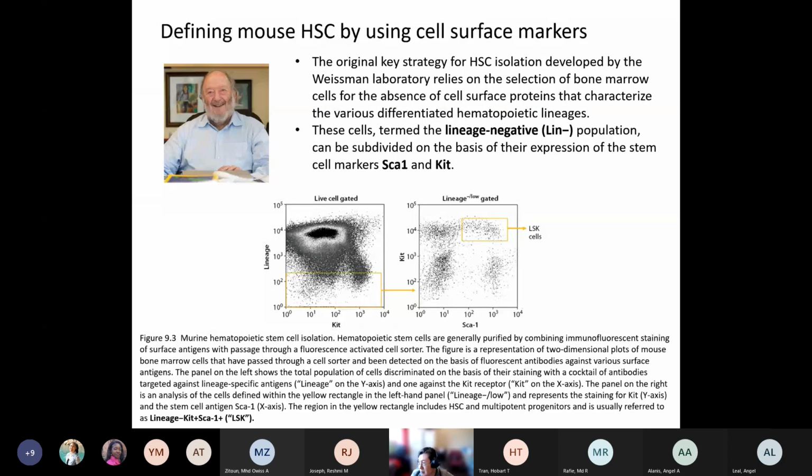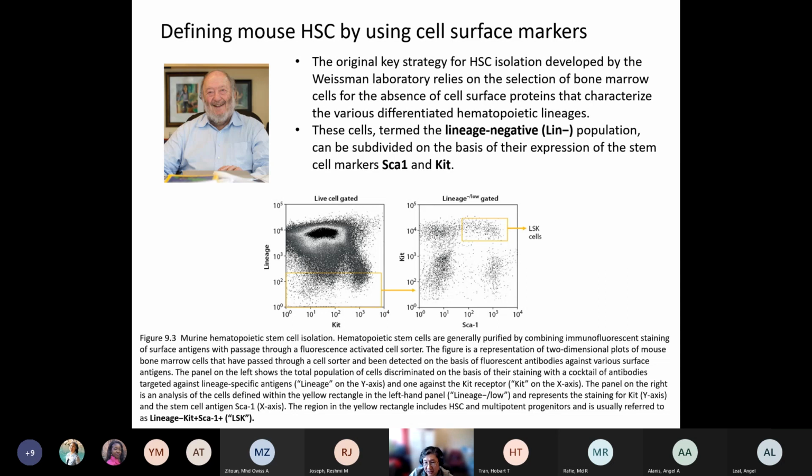You use a similar principle to find the stem cell. So what they did is, here is a cell suspension. It's easier if the sample is bone marrow, because it's basically marrow, right? You can make a single cell suspension relatively easily.